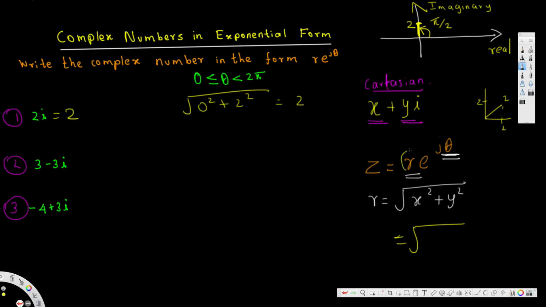We found out the first part. Then e power j remains the same. Then theta we have to find out using tan theta. Tan theta can be calculated using y over x. What is our y? 2. X is 0.